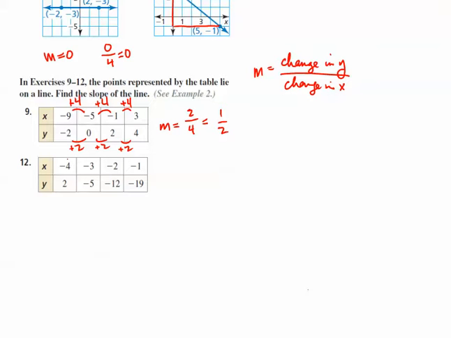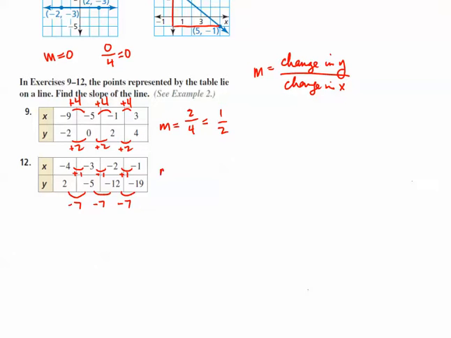All right, with the next problem, we're going up by 1 for the x's, up by 1, up by 1, and for the y's, we're going down instead. From 2 to negative 5 is down by 7, negative 5 to negative 12, down by 7, negative 12 through to negative 19, again down by 7.